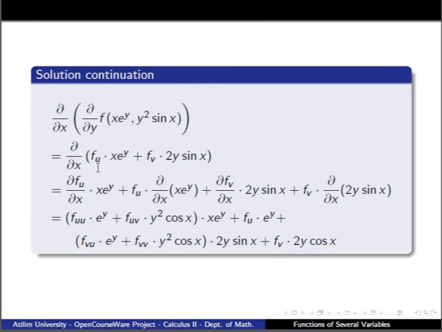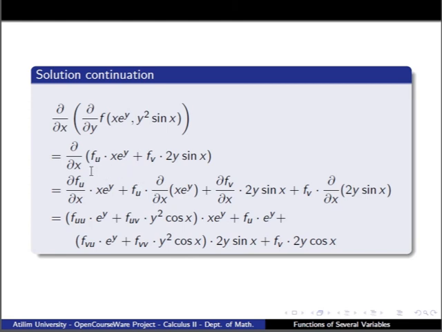So it is the derivative of f_u with respect to x, that's the first term, times the second, plus the first term times the derivative of the second with respect to x, plus the same operation is true for the second part, and we have here.